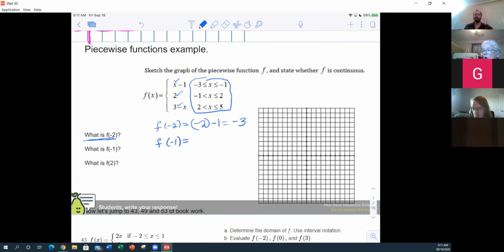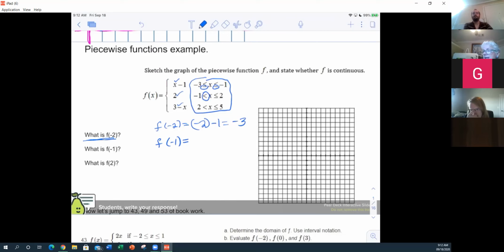Second one. Okay, so this is where it gets a little bit interesting, because notice that these are equals, right? So that means that the -1 falls in that interval. Does that make sense? Because here there is no equal symbol.